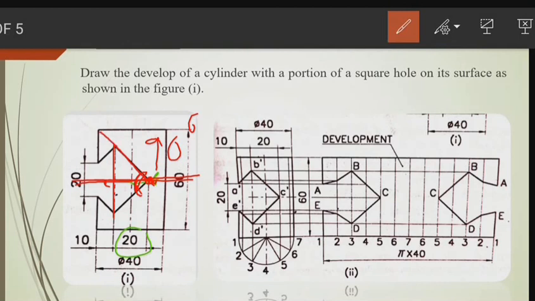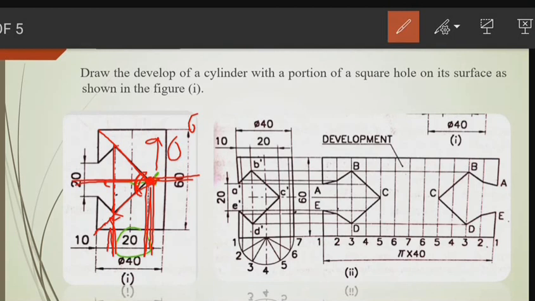You make an arc and a straight line, which has a length of 45 degrees and 45 degrees. You mark it here and here, and you get the 2 points. Now you also have a length of 20 here, so you mark 20 here, that is 10 here and 10 here.